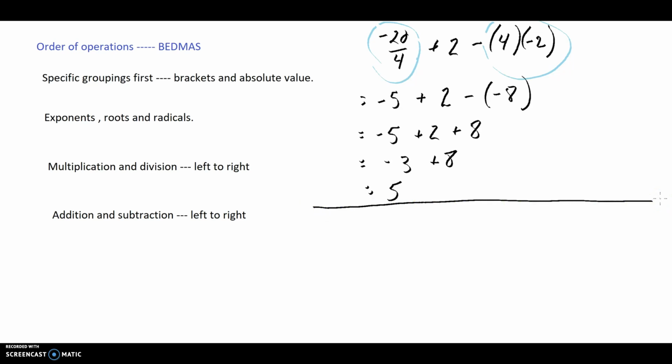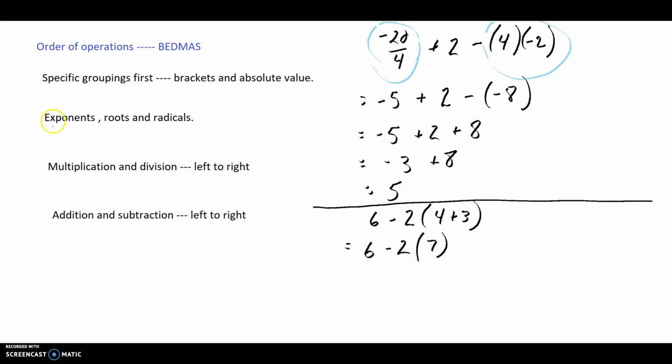I have another one. What about 6 subtract 2 multiplied by 4 plus 3? Here we do have some brackets or specific groupings, so those should be dealt with first. So nothing happens here. 6 subtract 2 multiplied by 7.